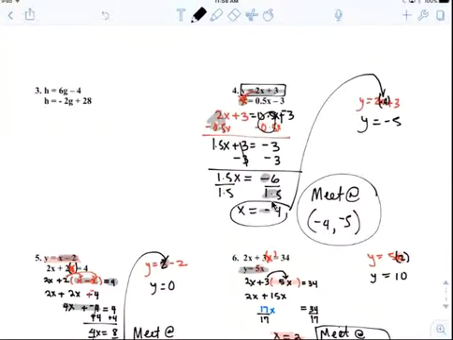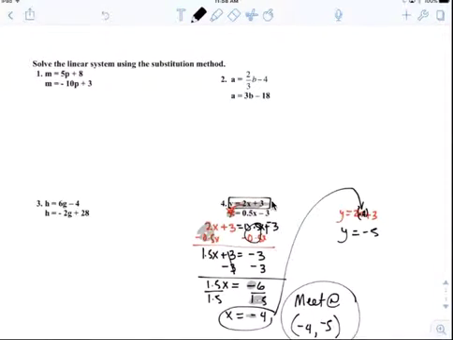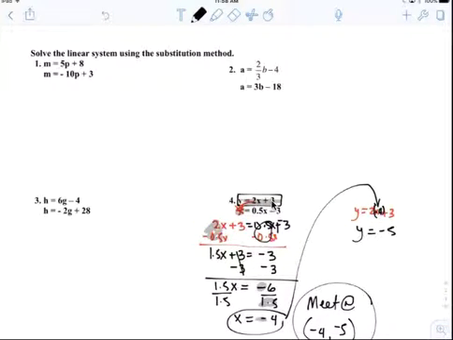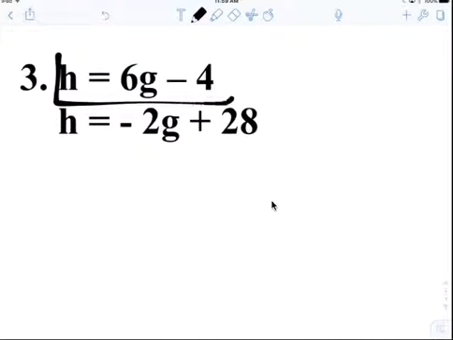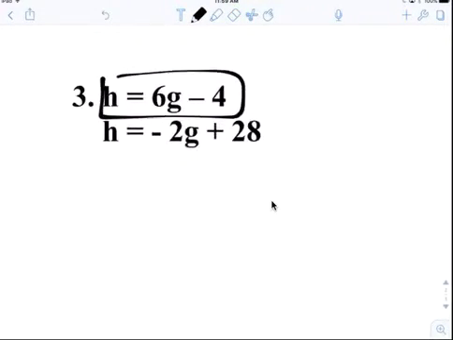And number 3 is the same thing. I'll do this last one, and you can do the other 2 on your own. The other 2 are like this one, and the front if you have not finished anything on the front. So this one looks the easiest because I don't like this negative in front. Whichever one you choose is fine.